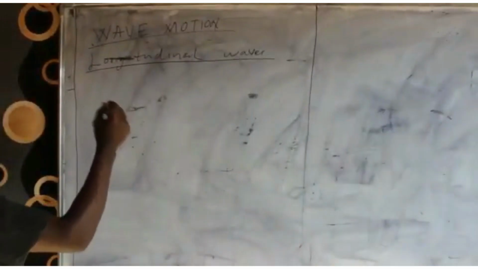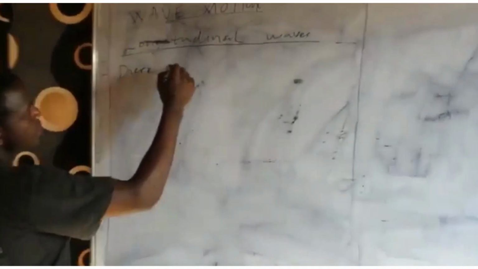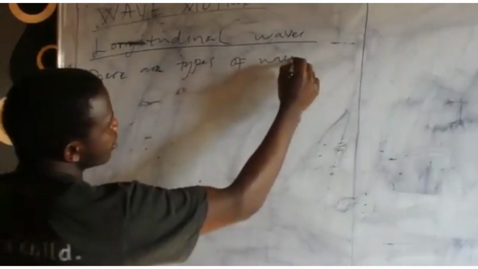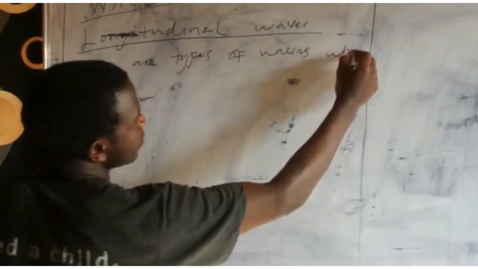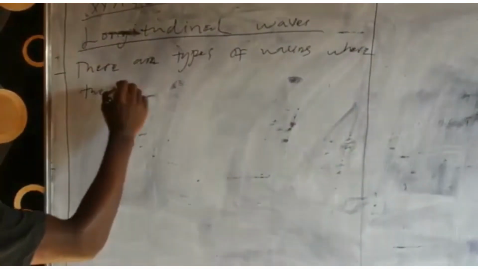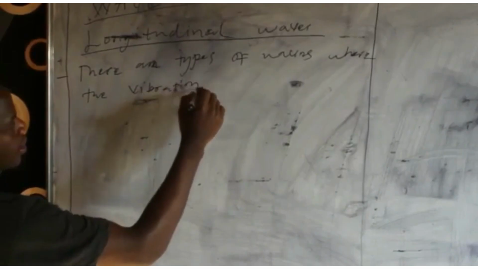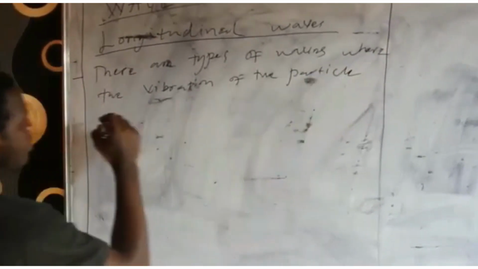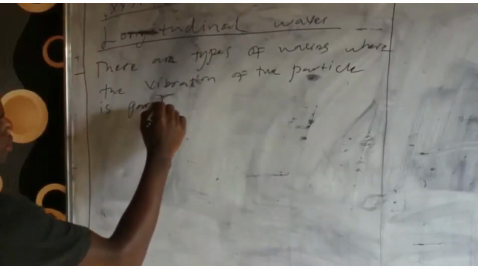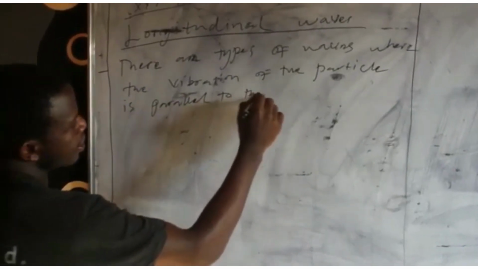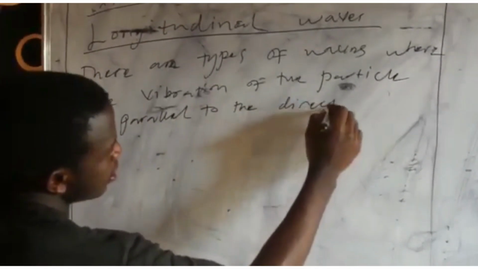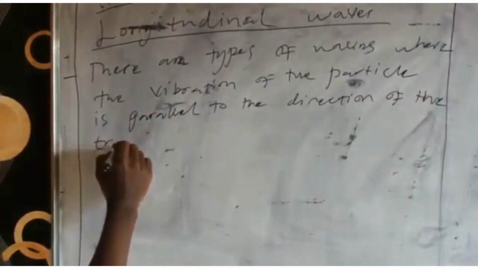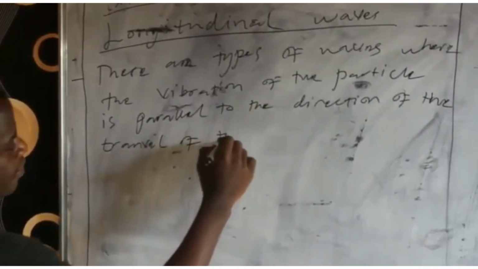So the longitudinal waves, these are types of waves where the vibration of a particle is parallel to the direction of the travel of the wave.